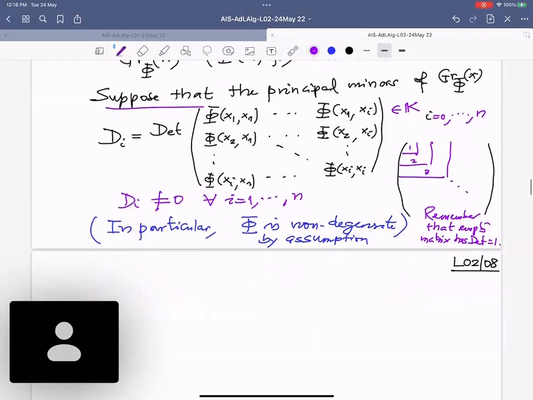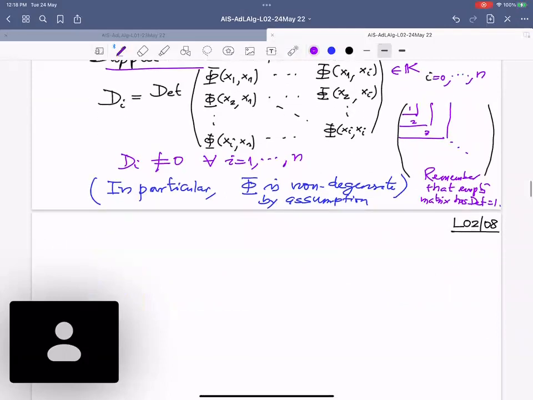So what do we have? We have a sequence. D0, which is 1, then D1, D2, and so on, Dn. So the last one is the determinant of the Gram matrix.